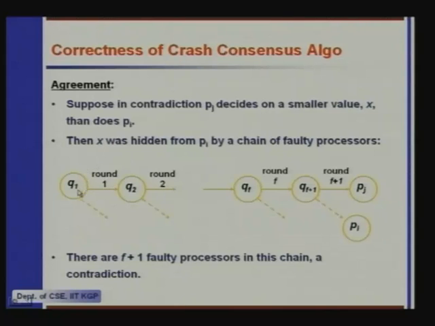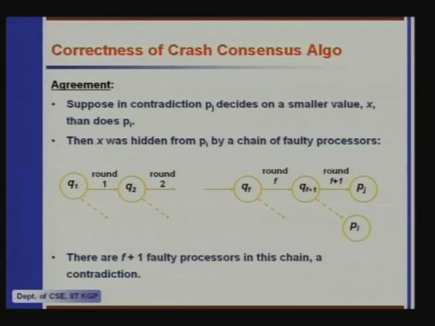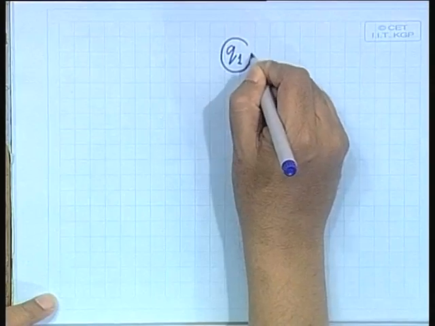Now, in the first round, why did Pi not get the value x? Because the value x had originated from one process, which should have sent the value to every other process. Pi did not get the value x, which means that in the first round the process sending x crashed before sending the value to Pi. Suppose Q1 was the process holding the value v in round 1.